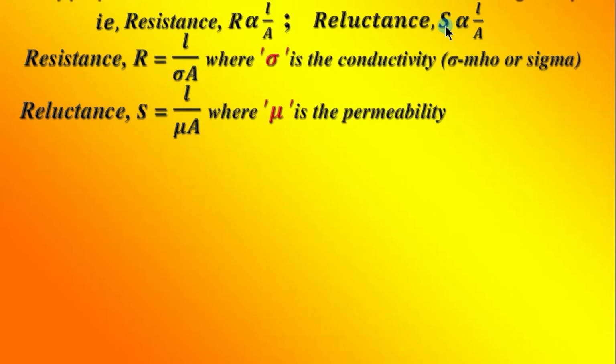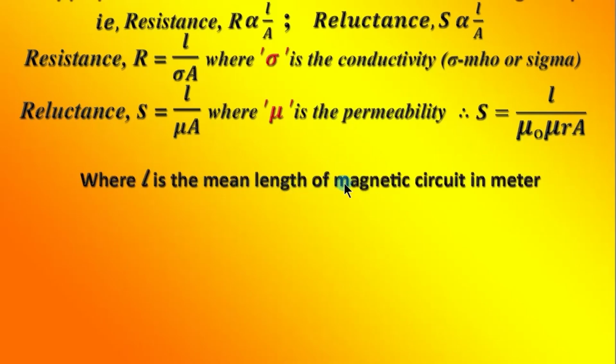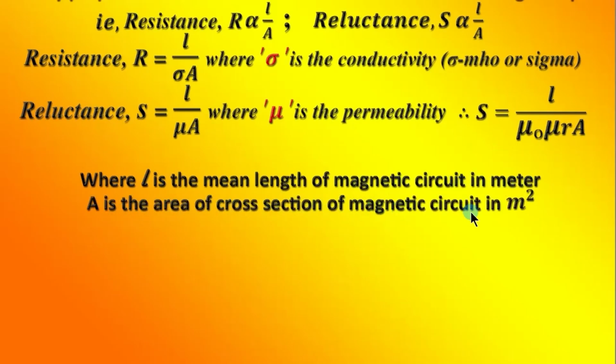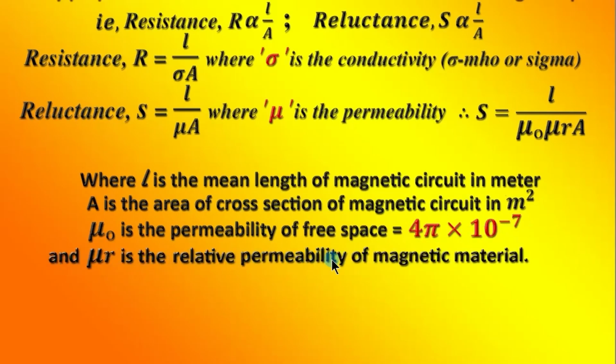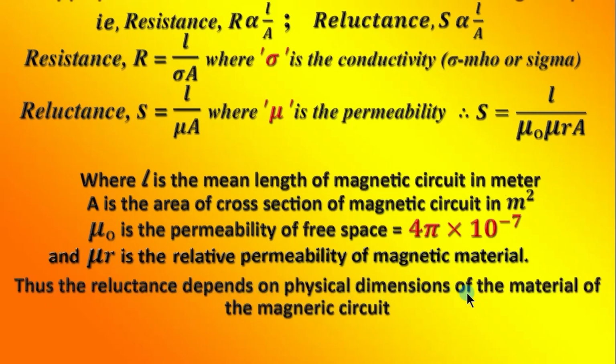So, this equation becomes S is equal to L by mu into A. Therefore, reluctance S is equal to L by mu 0 into mu r into A, as we know that mu is equal to mu 0 into mu r, where L is the mean length of magnetic circuit in meter, A is the area of cross section of magnetic circuit in meter square, mu 0 is the permeability of free space, that is 4 pi into 10 raised to minus 7, and mu r is the relative permeability of magnetic material. Thus, reluctance depends on physical dimensions of the material of the magnetic circuit.